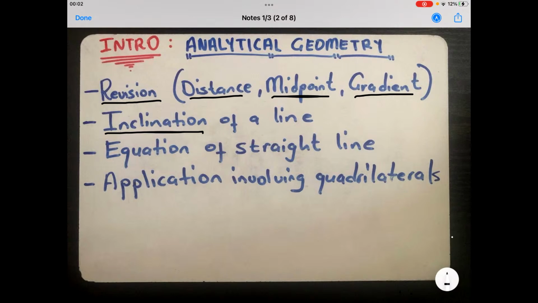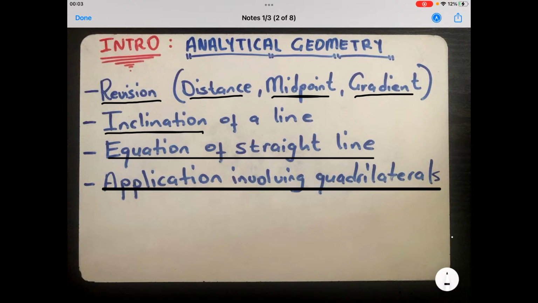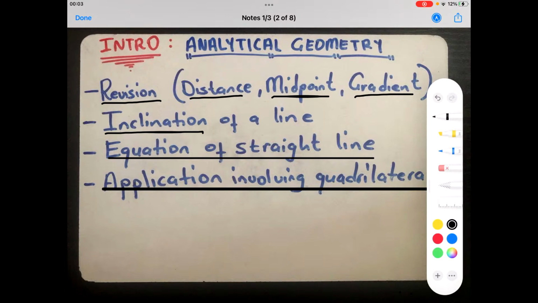Thirdly, equation of a straight line. Lastly, application involving quadrilaterals. This is all that you need to be aware of. Just make sure that whenever you study analytical geometry, you cover all of those. Maybe let me use a red color there.